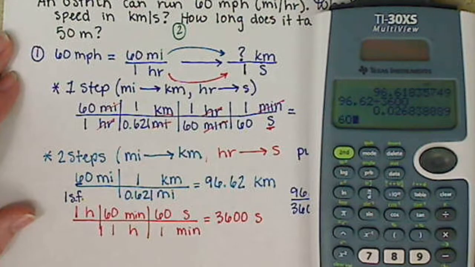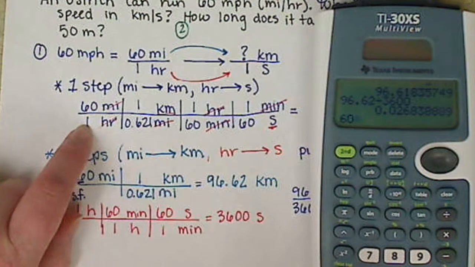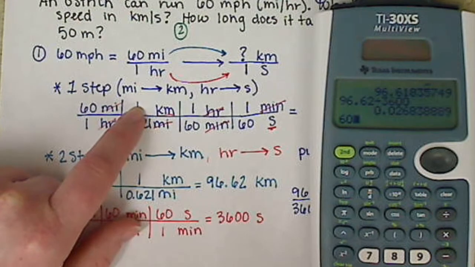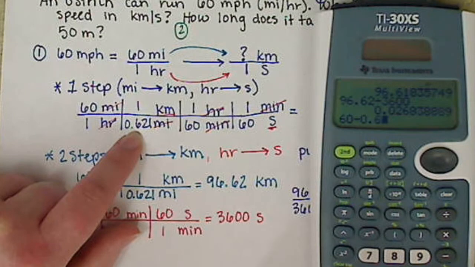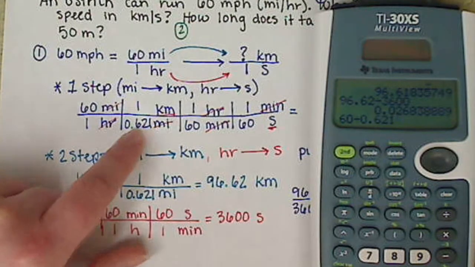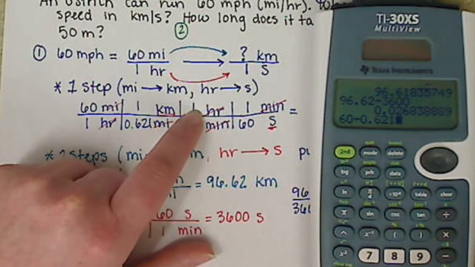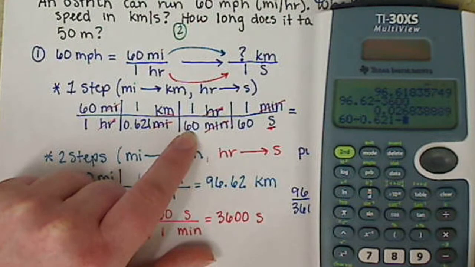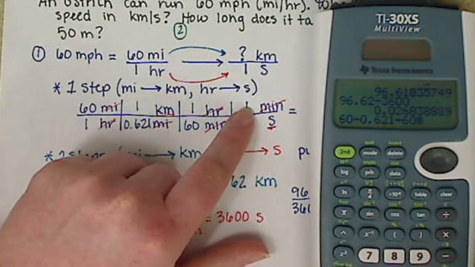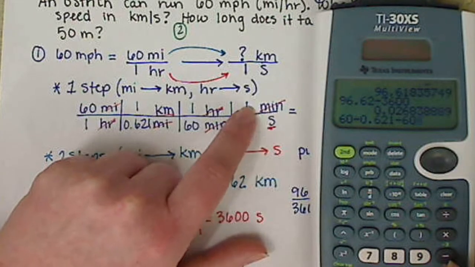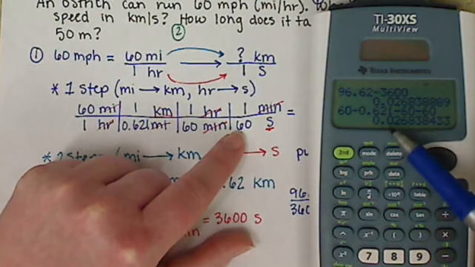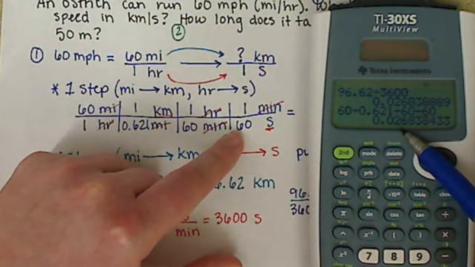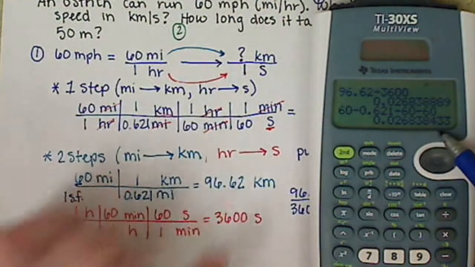So we plug this into our calculator. I have 60 divided by my 1 hour, times my 1 kilometer divided by my 0.621, times 1 hour divided by 60, times 1 for my 1 minute divided by 60 seconds, and I get 0.026838433.